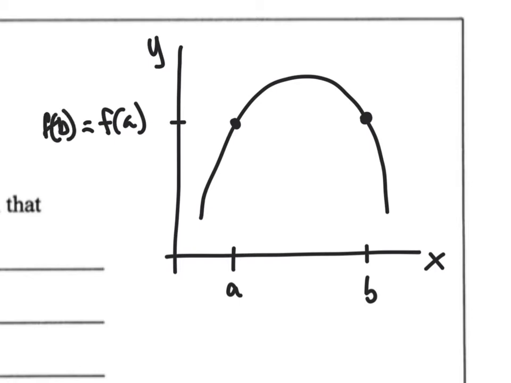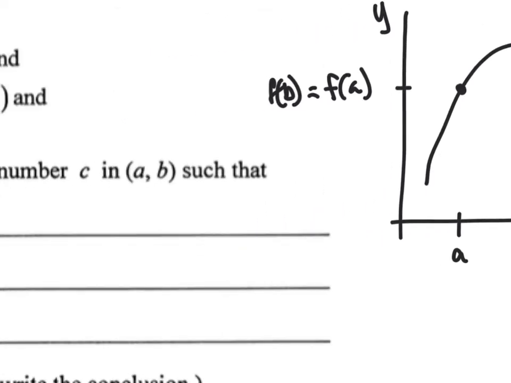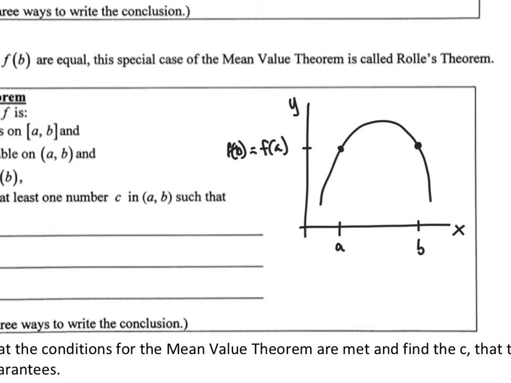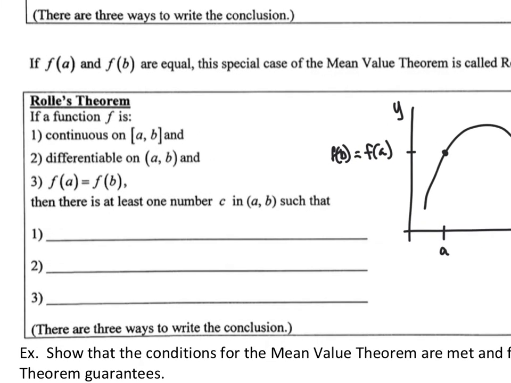Then we are guaranteed, if this condition is met, if we have a function f that is continuous on the closed interval and differentiable on the open interval, then we are guaranteed to have some value c in between a and b such that f prime of c is equal to 0.